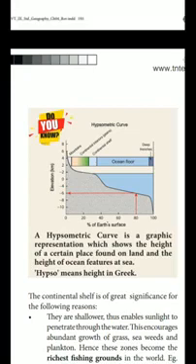Here, from this picture, you can understand the hypsometric curve. In this curve, the x-axis gives the percentage of Earth's surface and the y-axis gives the elevation in kilometers. A hypsometric curve is a graphic representation which shows the height of a certain place found on land and the height of ocean features at sea.